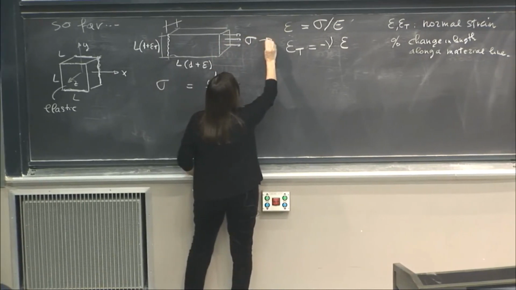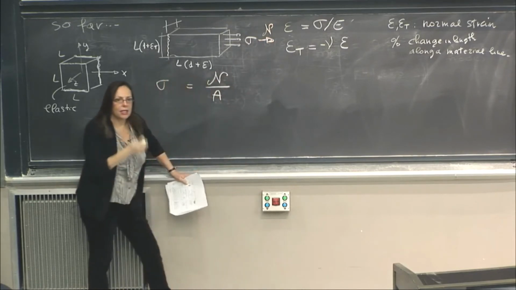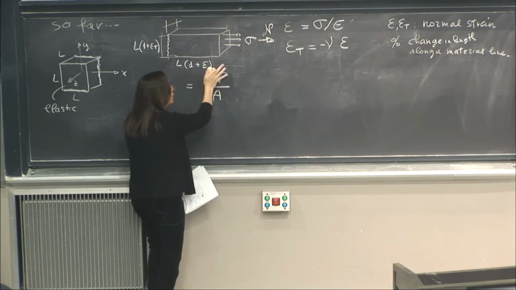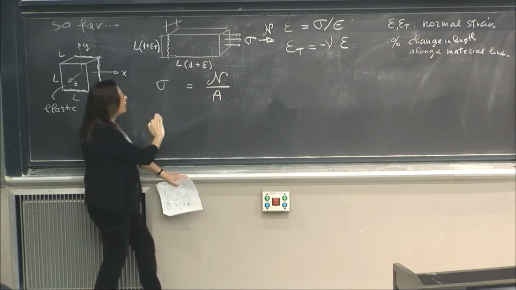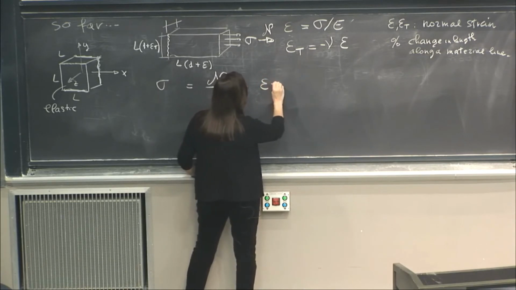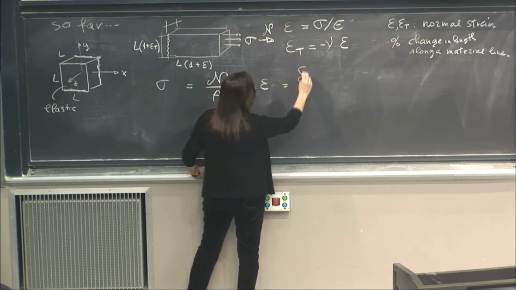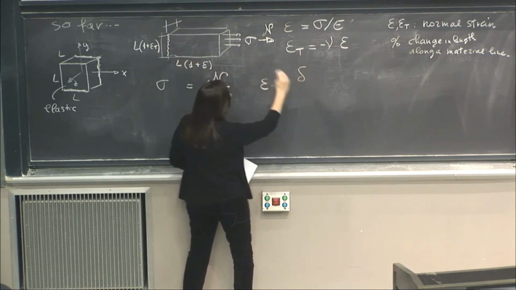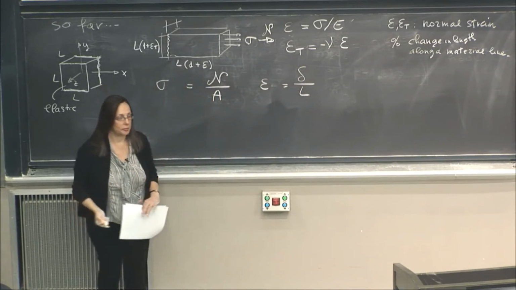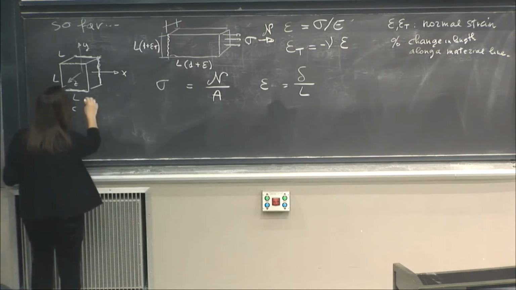So our force N, the axial force resultant, the normal force resultant is normal to the cross-section. I divide the normal force by the area. I get the normal stress sigma. And my strain, the elongation, is a percent change in length. So it's going to be how much the material gets longer along a certain direction divided by the original length in that direction.